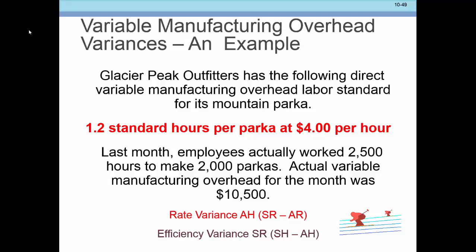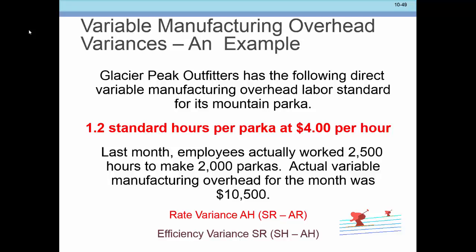So how are you going to handle that? Can we control our fixed? Will our fixed change? Okay, so we're wasting our time doing a variance analysis on the fixed. It is what it is, and it's not going to change, right? So we limit ourselves to just analyzing the variable overhead portion, right?